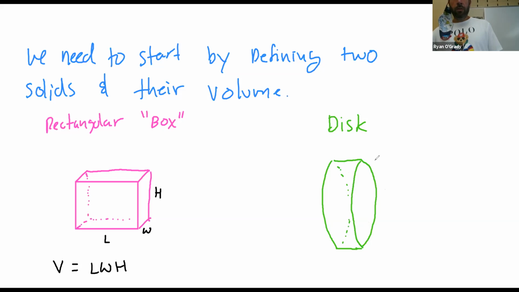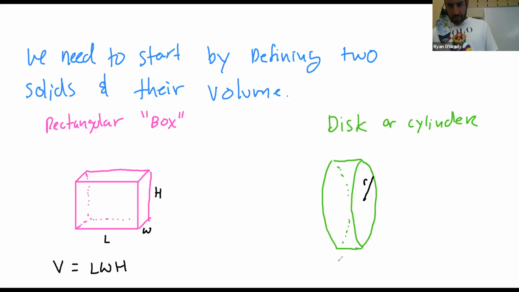And so what are the dimensions of this thing? You could think of it as a cylinder on its side, right? What are the dimensions here? Well, there has to be some distance from the center here. That's the radius.